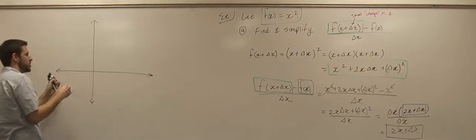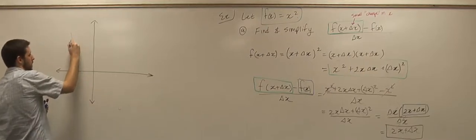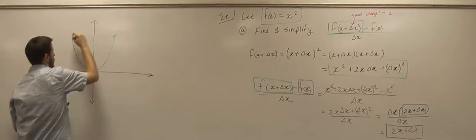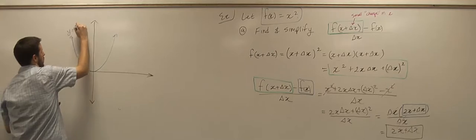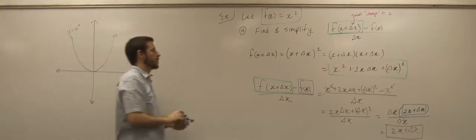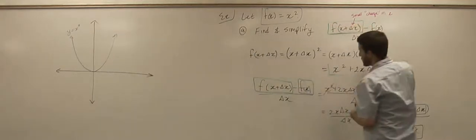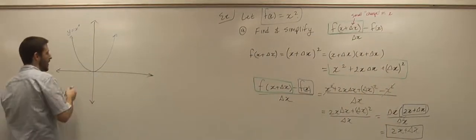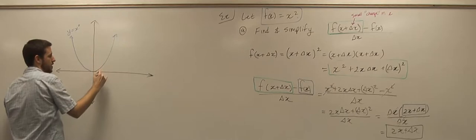So my function originally is this guy, x squared. When you see this x and this delta x, basically what that's telling you is pick any x value you want in the domain of your function.